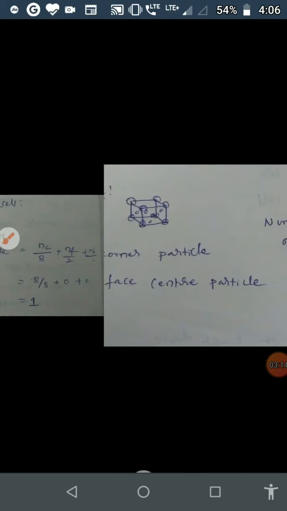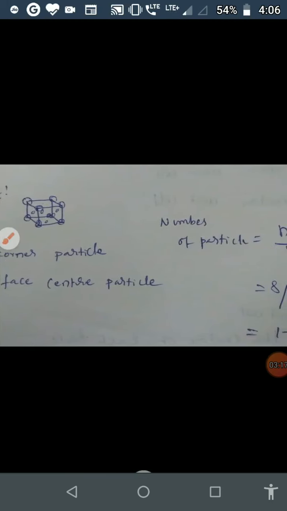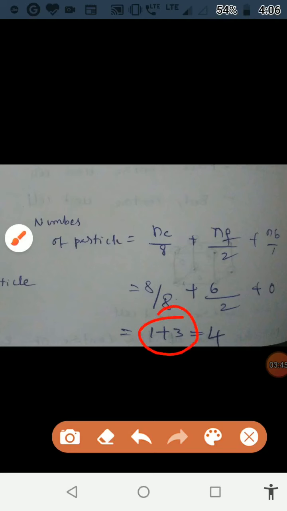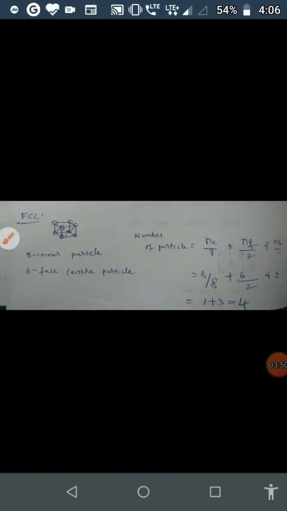There are 8 particles at the corners and 6 particles at the center of the faces. Therefore it is 8 divided by 8 plus 6 divided by 2 plus Nb, and there are no particles at the center of the unit cell, so Nb is equal to 0. 8 divided by 8 gives 1, 6 divided by 2 is 3, and Nb is 0. Therefore the total number of particles present in FCC is equal to 4.